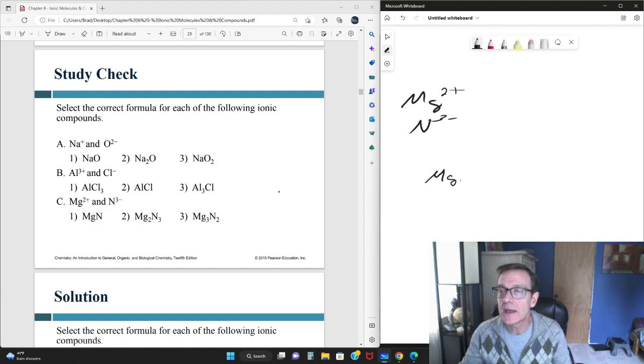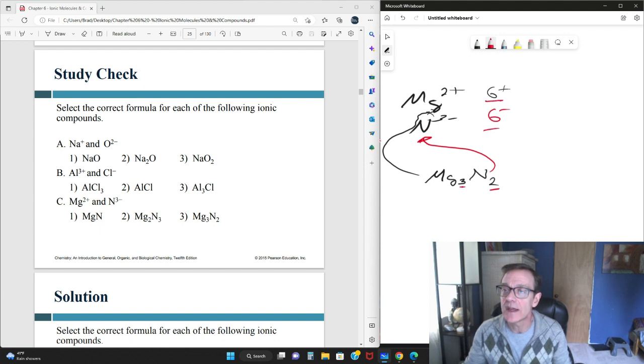If I have three magnesiums and two nitrides, it gives me 3 times 2, or 6 positive charges. And if I have two of those, 2 times 3 gives me 6 negative charges. Okay, so that's why I needed 3 magnesiums and 2 nitrides to balance out the 6 positives, cations, and the 6 negative charges.